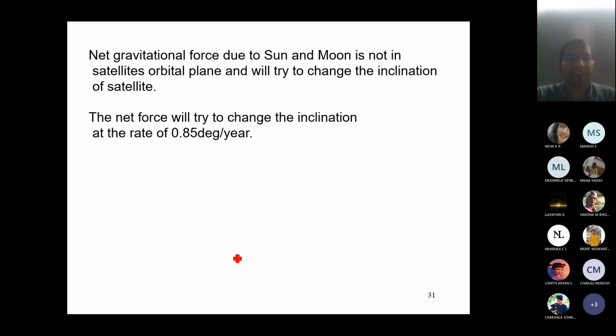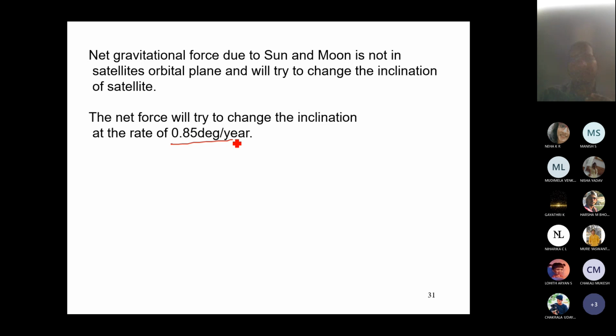Right? So the net force will try to change the inclination at the rate of 0.85 degree per year. Since the Earth is moving, Earth completes a 360-degree rotation around the sun, which we consider as 1 year.